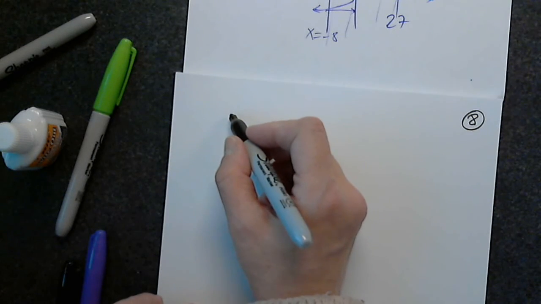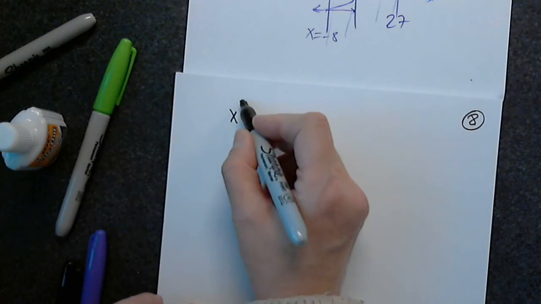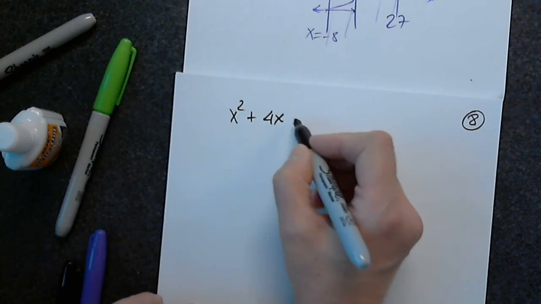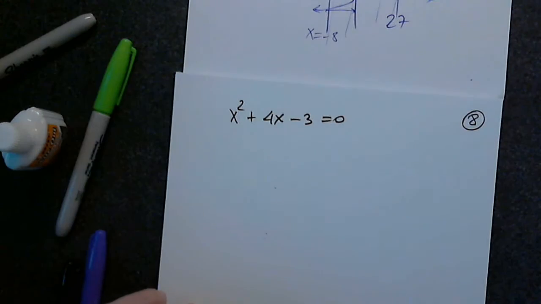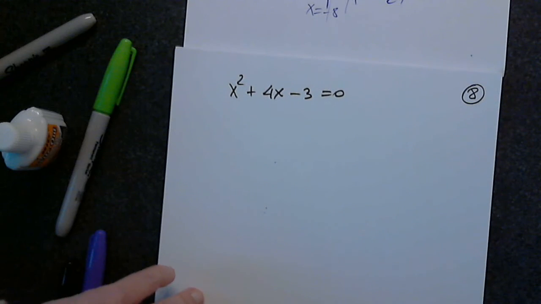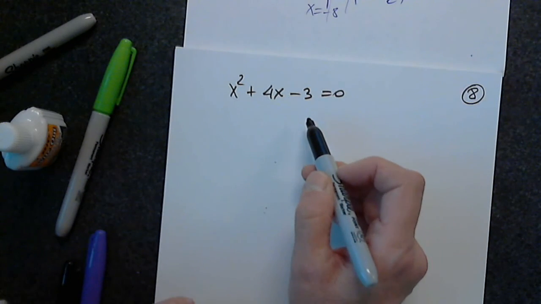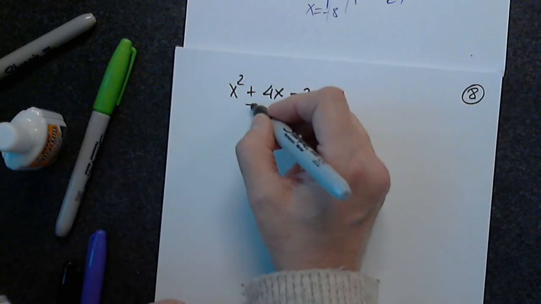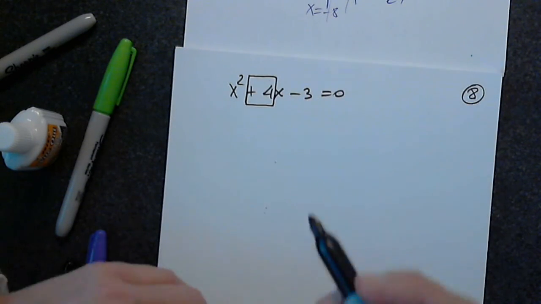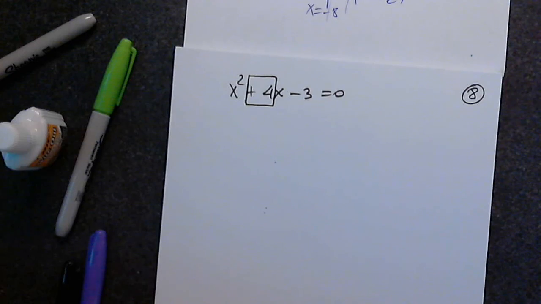Okay, so let's say x squared plus 4x minus 3 equals 0. Is it in descending order? Yes. Good. We always take numbers with their sign in front.